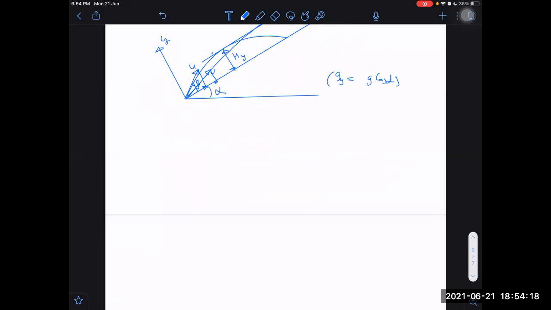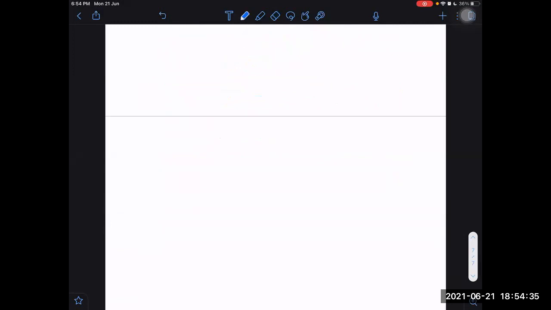So the derivation will have two terms. What is the displacement along the y axis? I will do it in a different way. I will derive it in this way.